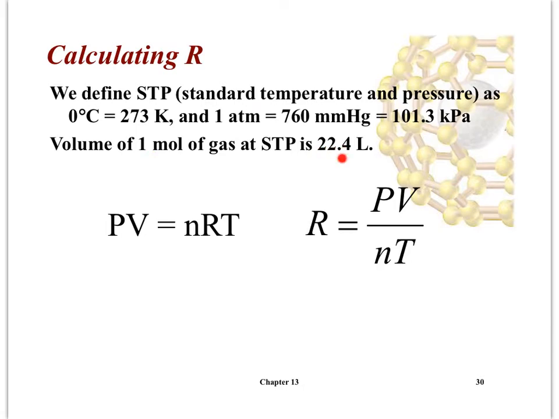So the 1 would be the moles, the 22.4 liters would be the volume, and standard temperature is 273 Kelvin, and then standard pressure could either be 1 atm, 760 millimeters of mercury, or 101.3 kPa. So you can plug in whatever units of pressure you'd like with 22.4 liters, 1 mole, and then 273 Kelvin, and that will give you the value of R.